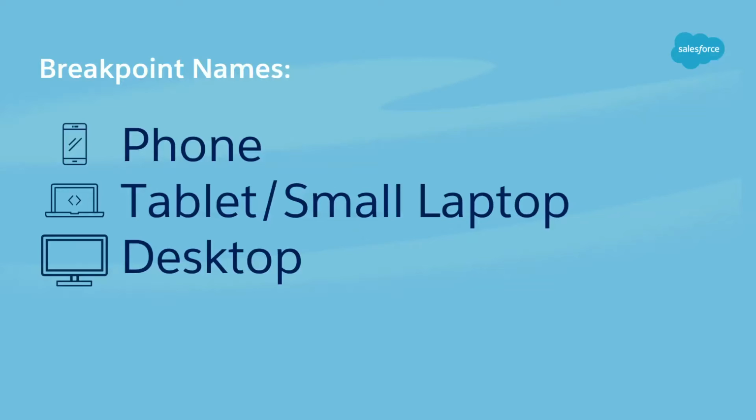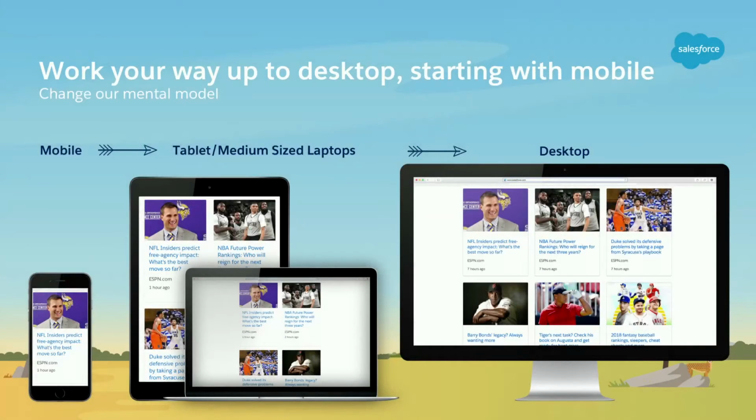So now that we know about the breakpoint names, just one last thing with mobile-first methodologies that I want to talk about is when setting up your HTML, we want to add our classes to our HTML in a manner that we're applying overrides as my viewport size grows, okay? So we're going to start with mobile first.